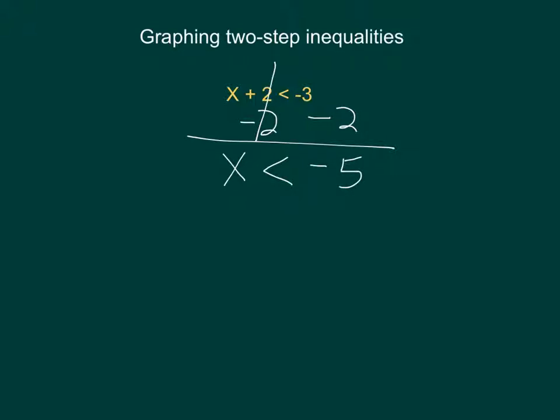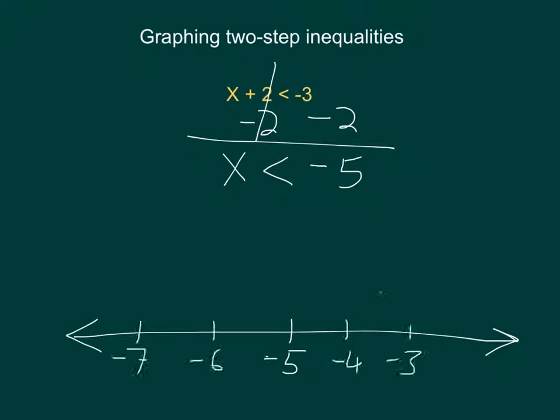Now we just need a number line, and we'll have the negative 5 in the middle and a couple numbers on each side for reference. Now if we remember, because we have a less than and not a less than or equal to, we're going to have an open circle at negative 5.